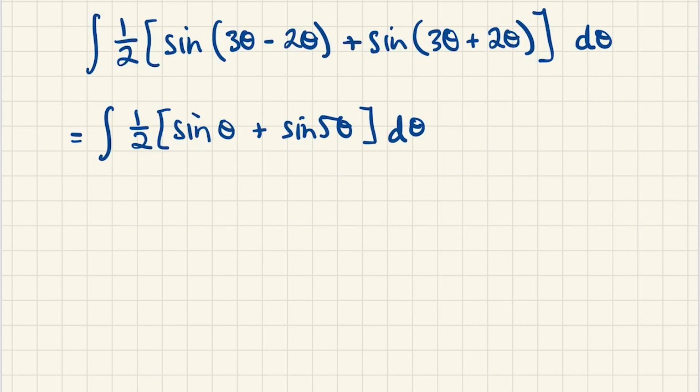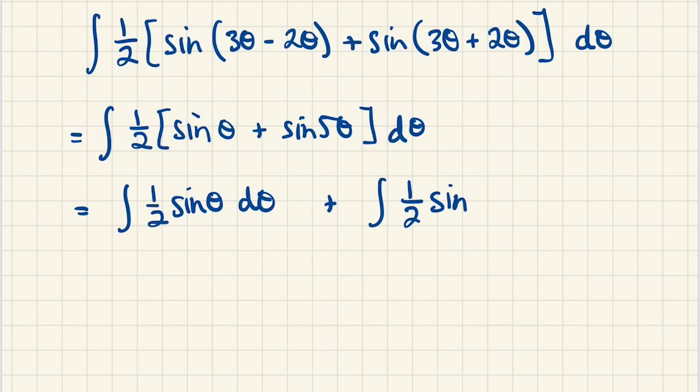And while we still have two different arguments, it's not a problem because this is actually like two different integrals. We could distribute the integral across a sum. So we have the integral of 1/2 sine theta plus a completely different integral, 1/2 sine of 5 theta.